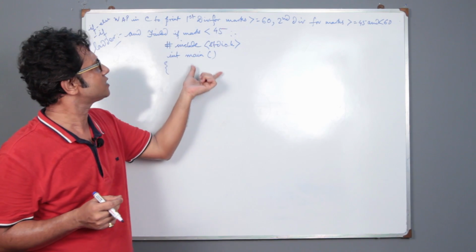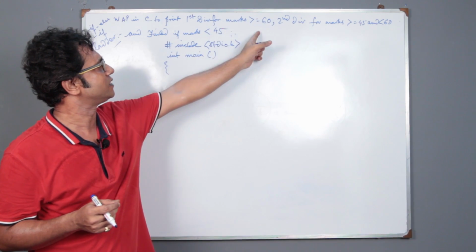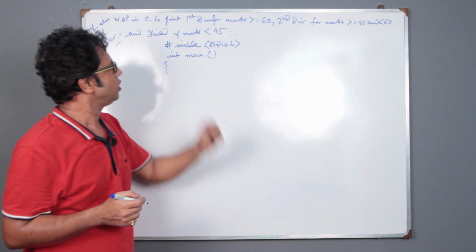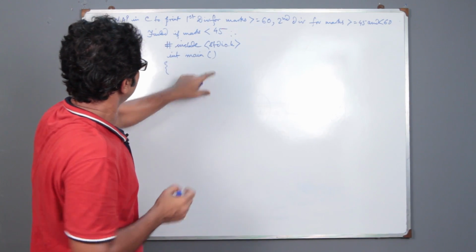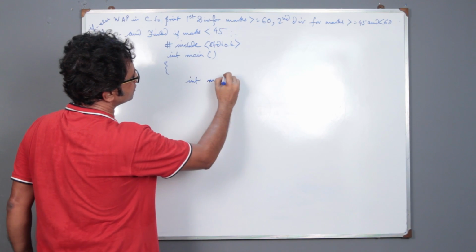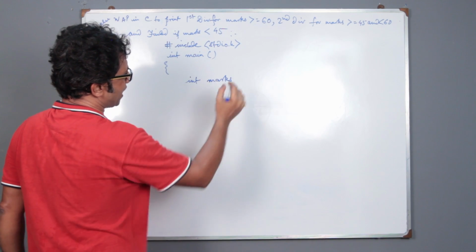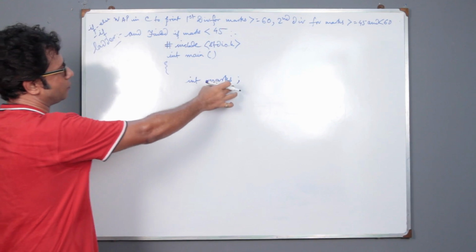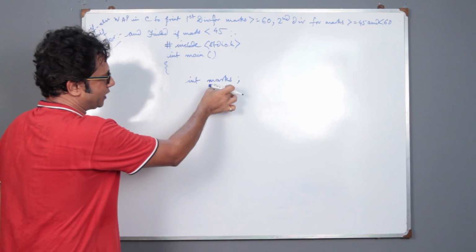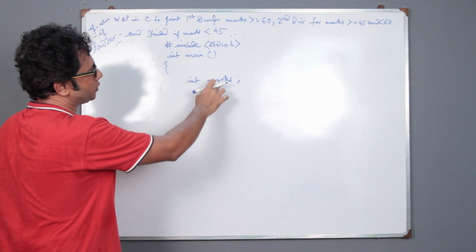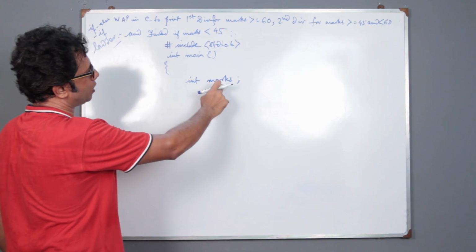This marks is the only single input variable in this program. So we will consider one variable like this: int marks. We never assign a value to it, we just declare the variable marks to take the input from the user end, and the user input will go into this marks variable.